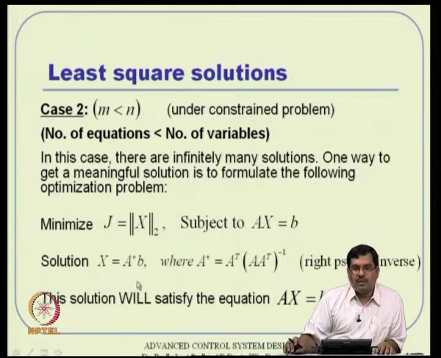So, the solution happens to be, if you really carry out this optimization and things like that, the solution happens to be nothing but pseudo inverse times B, where the pseudo inverse is defined, the right, it is called right pseudo inverse by the way, it is defined something like that. Okay. And the details you can see in Matrix Theory by Ortega, that is a very nice book actually.